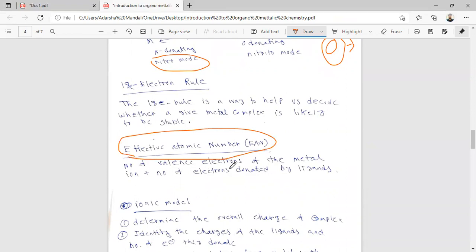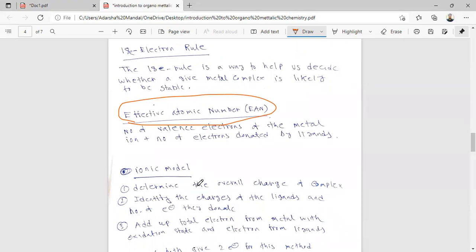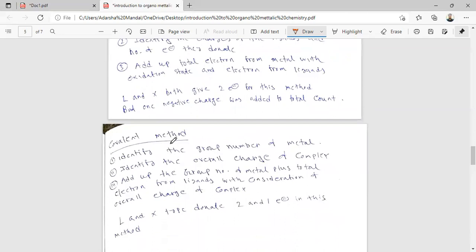EAN means the number of valence electrons of the metal ion plus the number of electrons donated by the ligands. So we have to count the total valence electrons in the metal center and also the total number of electrons donated by the ligands. There are two procedures for effective atomic number counting: one is the ionic model and another is the covalent method.